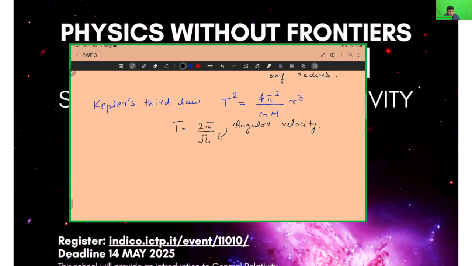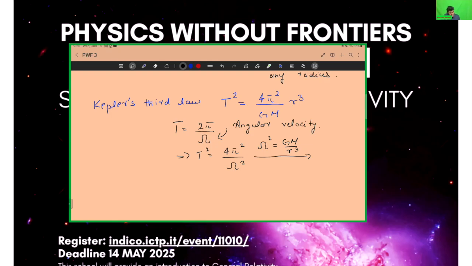Now, it's one of your homework problems to show that the angular velocity squared is GM over r cubed, which is not surprising, by the way. It's in a problem set that is going to be uploaded later.